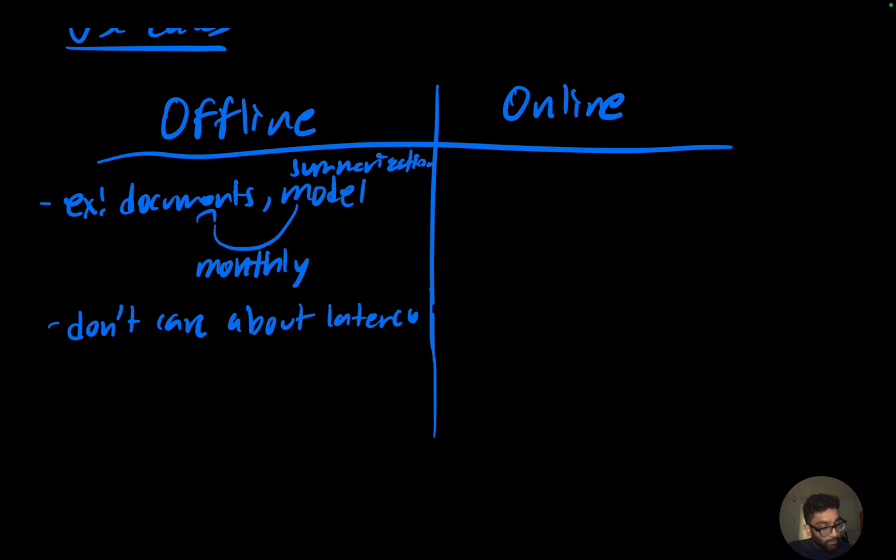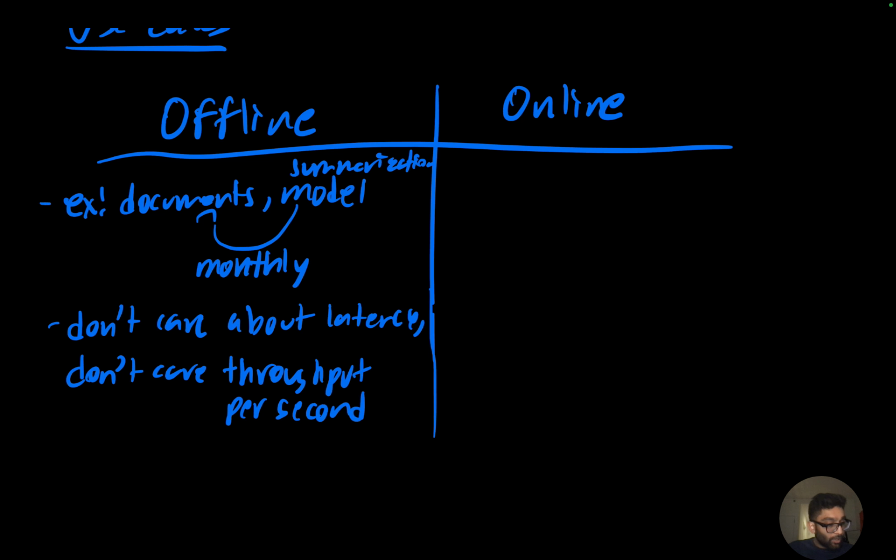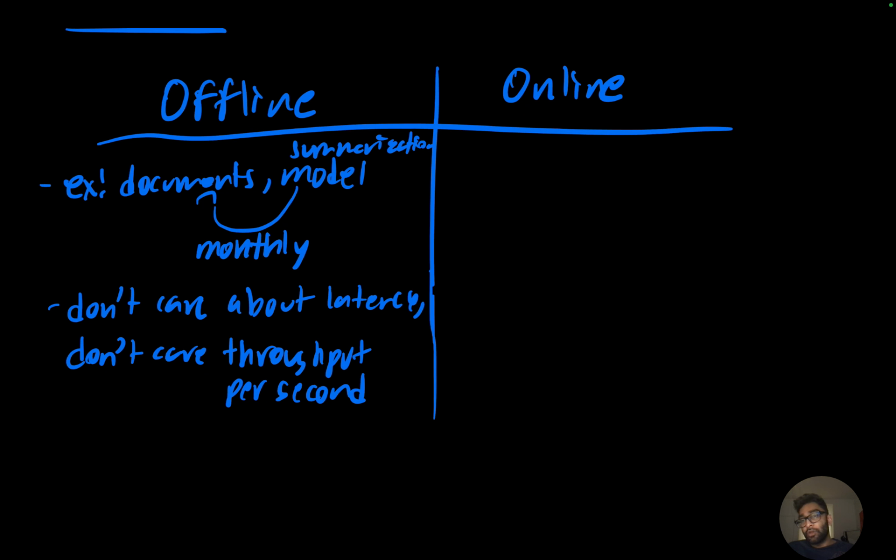We don't care how many documents, like throughput, we can squeeze out per second. We're not really thinking about all of that. We just have a model. We're going to dump a batch of inputs into it, and we just want our output back. We don't have any strict latency or throughput requirements. When you have a use case like that, and document summarization is a popular one, that is known as an offline use case.